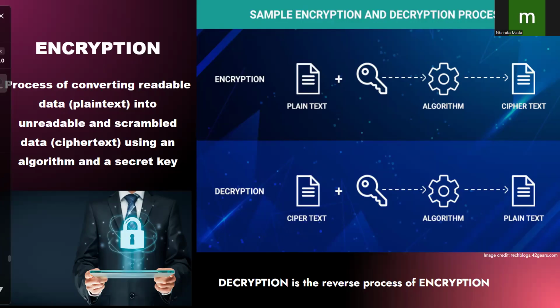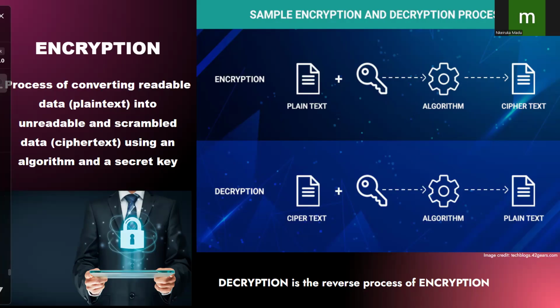Now, if you look at the diagram we have here, this is the encryption process. You have the plain text, which is the original file you want to encrypt. You have the key and the algorithm. The algorithm is like the internal utility or feature that performs the entire work. Then it converts it into a ciphertext, which is the unreadable format that you can't do anything with.